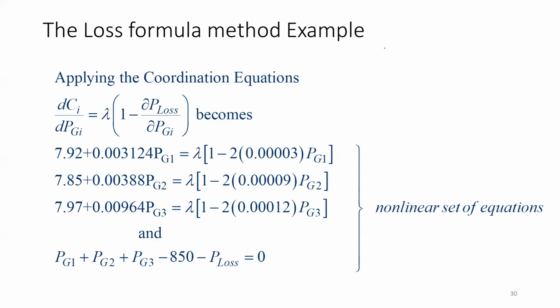Now there is one more thing that you have to know. Say if j is your iteration number, you have to follow the iterative method. If these PG1, PG2 and PG3 have an index of j, then those PG1, PG2 and PG3 are your j plus 1.